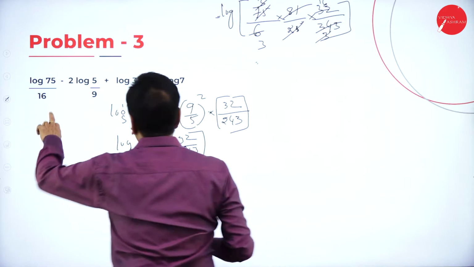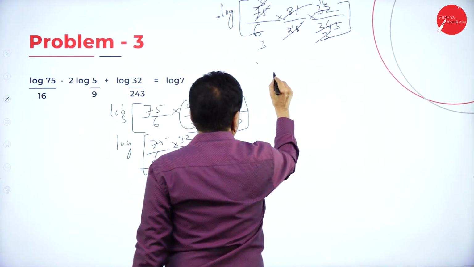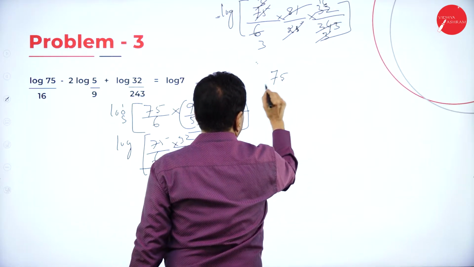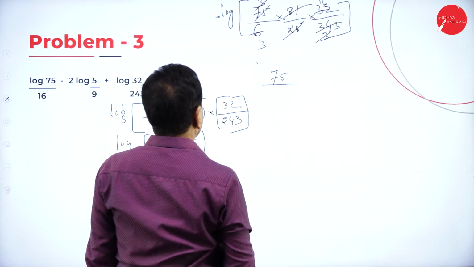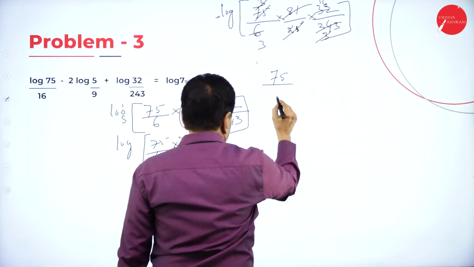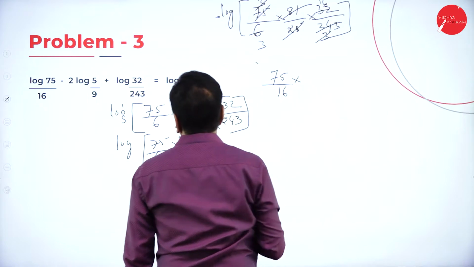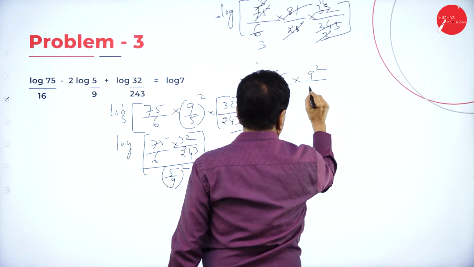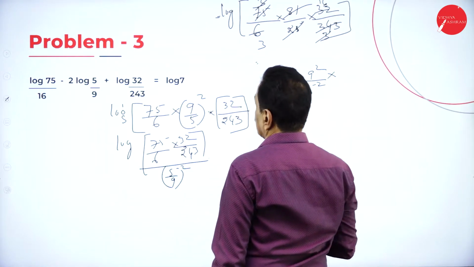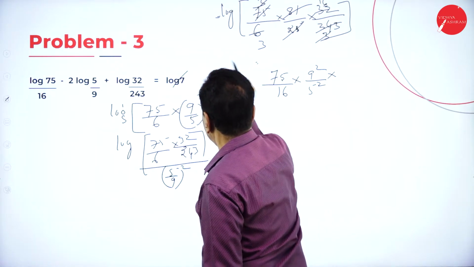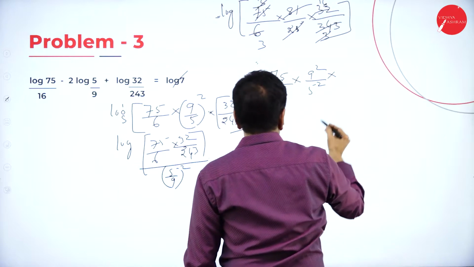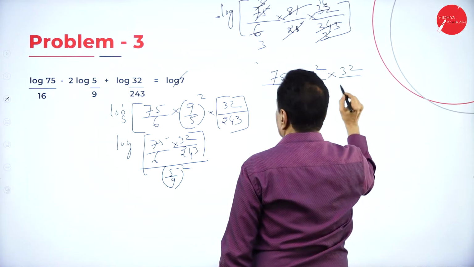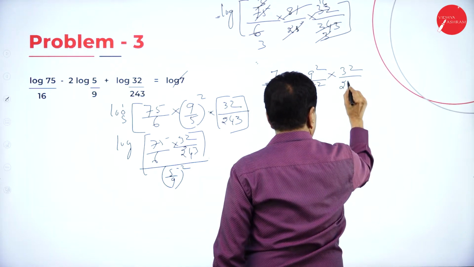Log 75 divided by 16, into 9 square divided by 5 square, into 32 divided by 243.